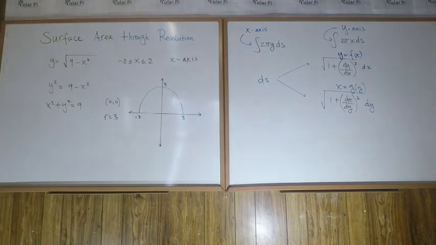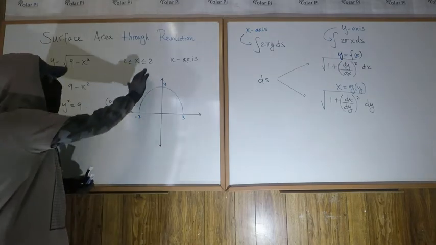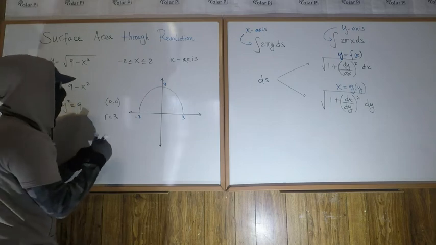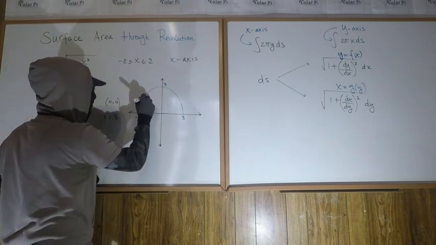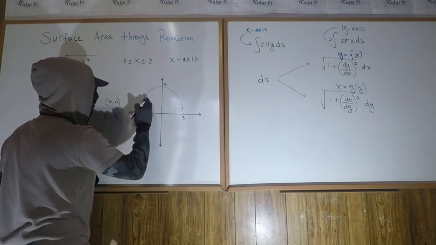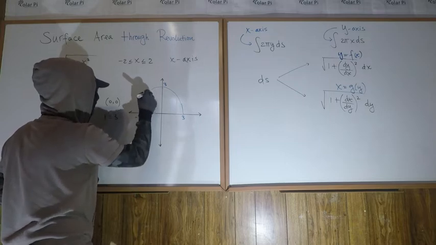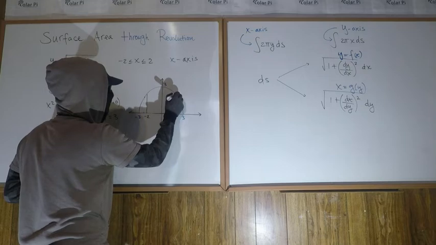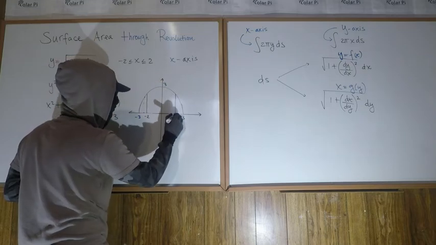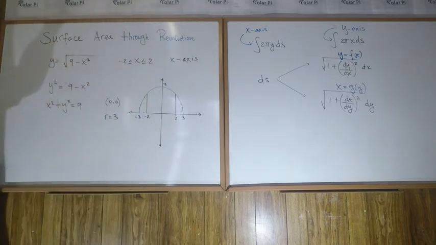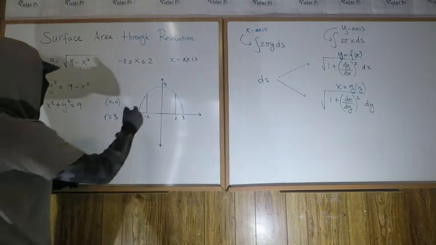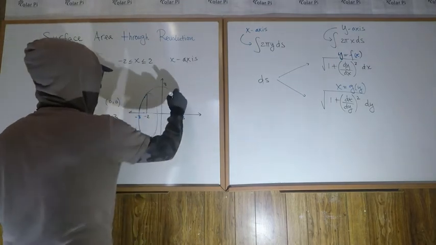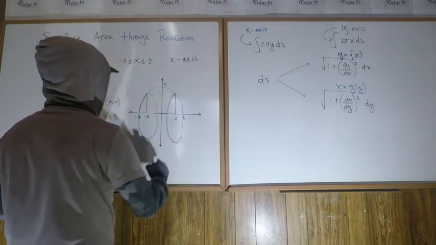Now we're finding the surface area that we get when we revolve this about the x-axis. We're doing it from -2 to 2, so, well, that shouldn't be where -2 is. -2 is more like here, right? So let's say this is -2, and then 2 is like here, right? Then when we revolve this, what are we going to get?